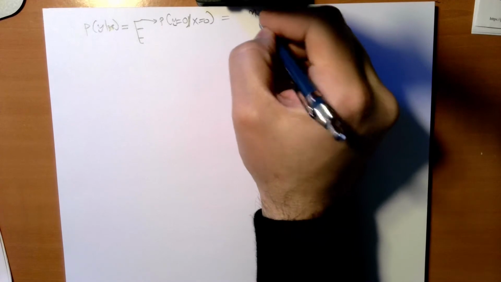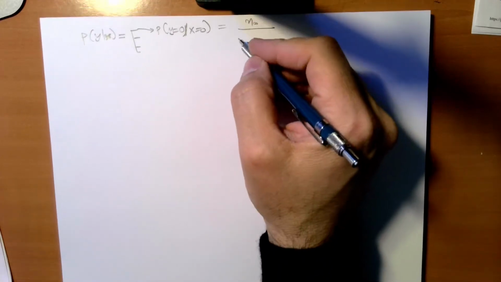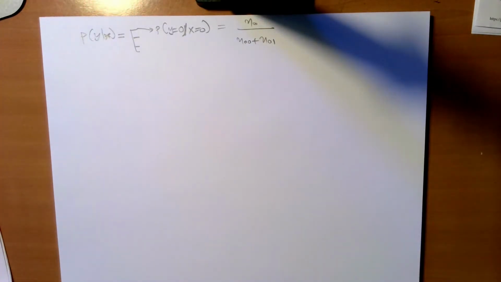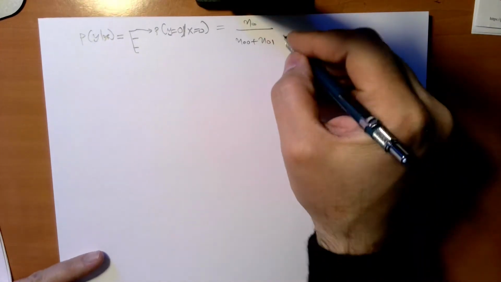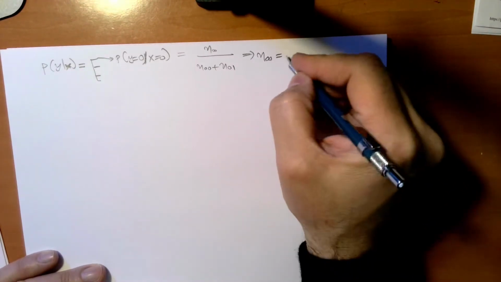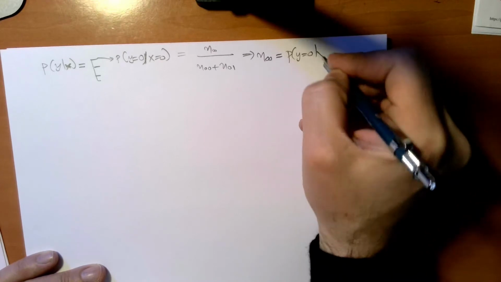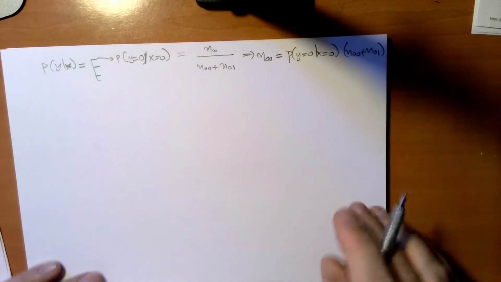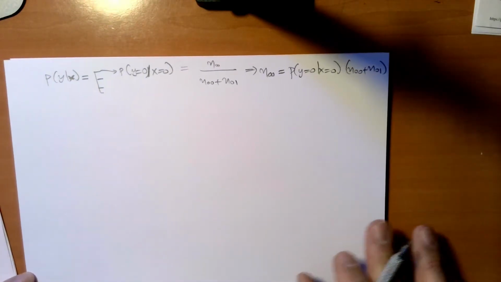This is one of those four components, which was actually given by n00 divided by n00 plus n01. Okay, so now we can try to understand what n00 is from this relationship. So we can solve for n00. It's going to be P of Y is equal to 0 given X is equal to 0, times n00 plus n01, and just leave it now like this without proceeding any further.